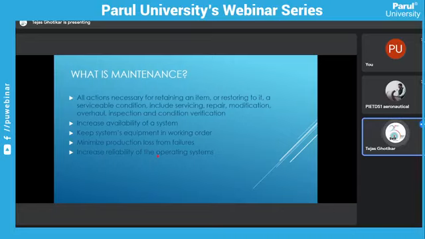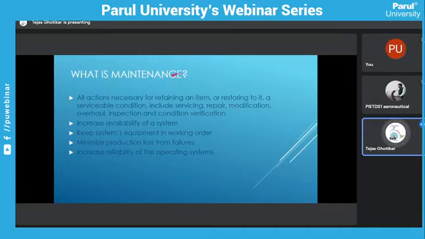Before going into condition based monitoring, let's see what maintenance is. It covers all actions necessary for retaining an item or restoring it to a serviceable condition. It may include simple servicing, repairing, or modifying the machine. We may need to overhaul, meaning open the machine, inspect, and verify its condition. So this is what maintenance is.